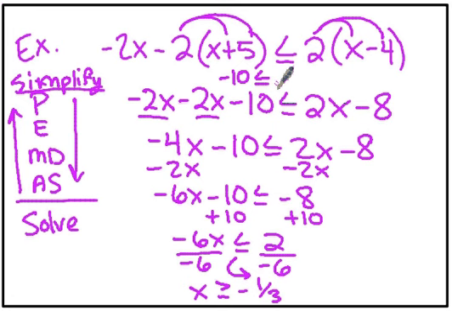And so the question is, is negative 10 going to be less than or equal to whatever we get over here when we plug in 0? So 0 minus 4 is negative 4. Negative 4 times 2 is negative 8. And yes, negative 10 is less than negative 8. So this is our solution right here: x is greater than or equal to negative 1/3.